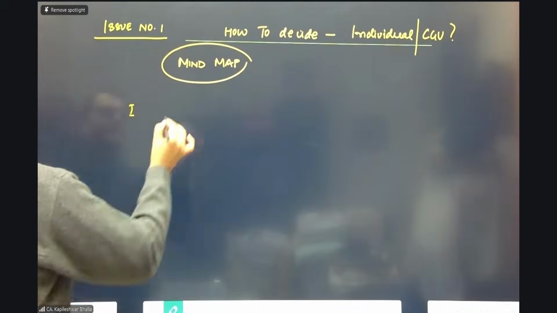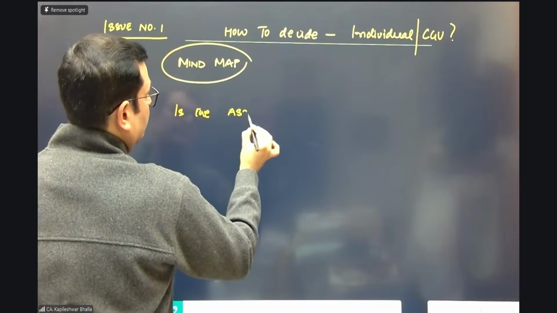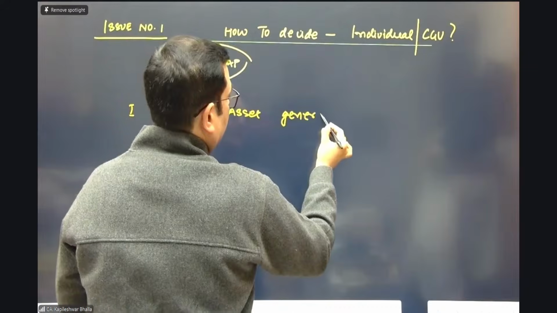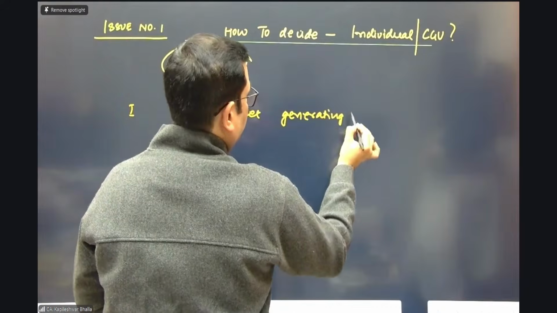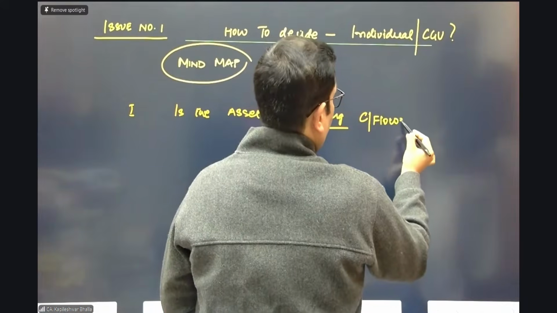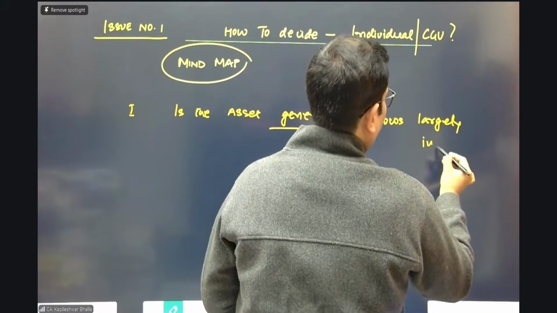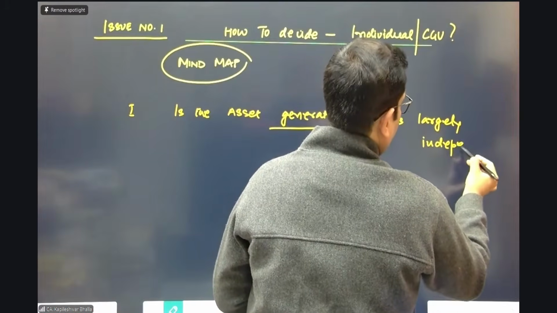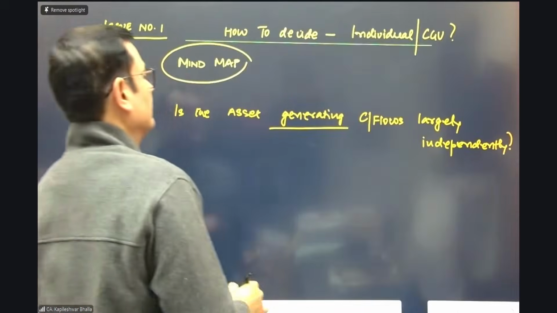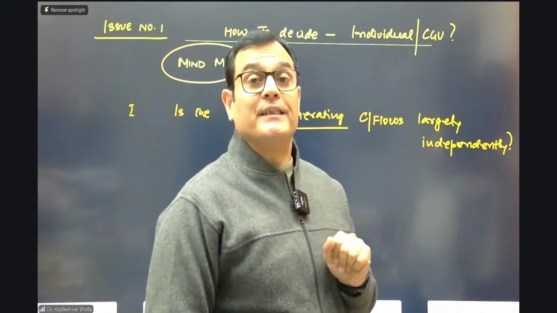Number 1, is the asset generating cash flows largely independently? Is the asset generating cash flows largely independently?